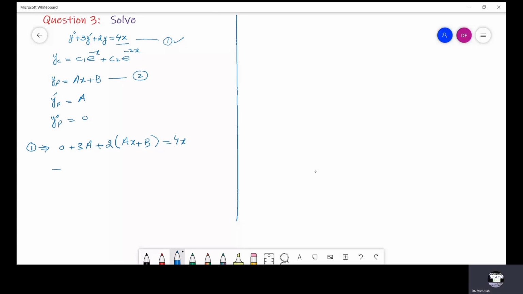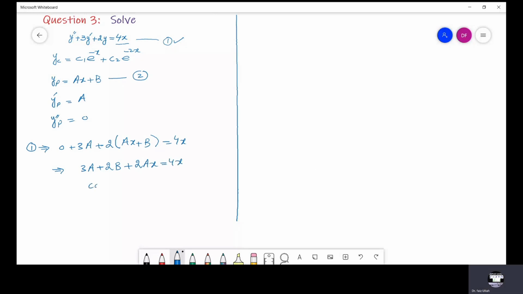From here, we can get 3a plus 2b plus 2ax is equal to 4x.